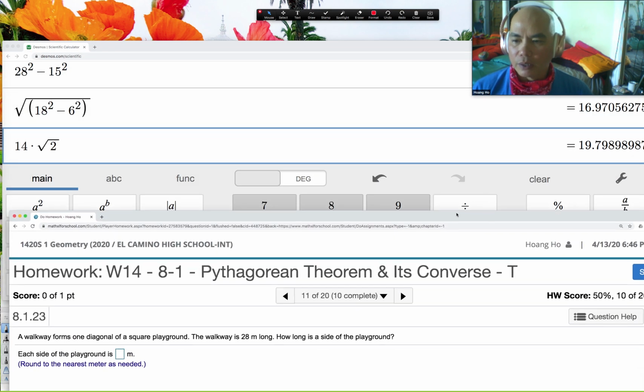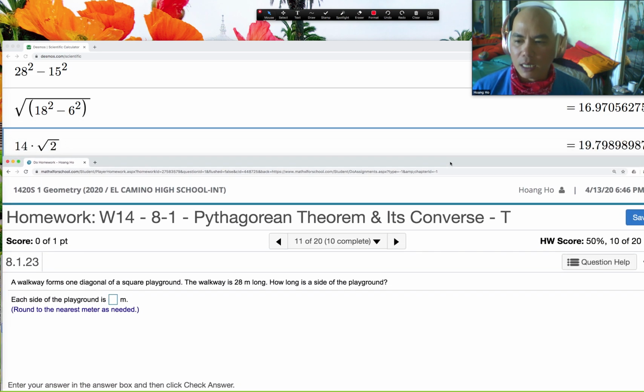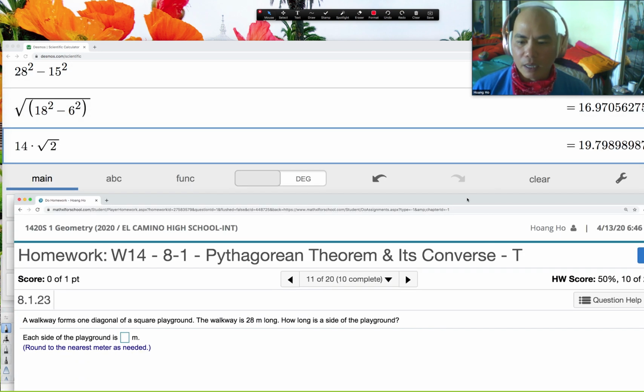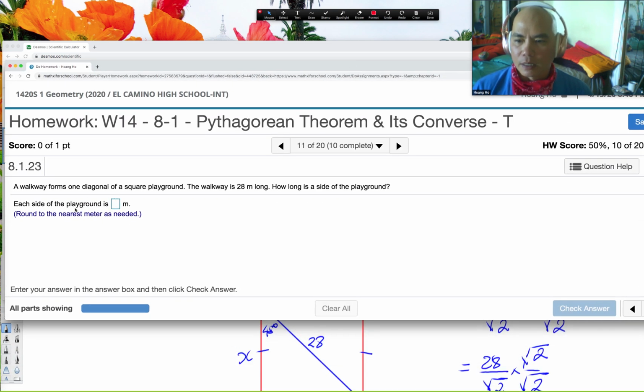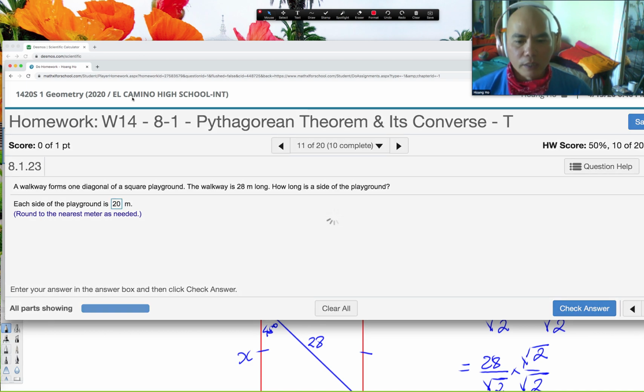What did I do? 14 times square root of 2. No, I got it. 28 divided by 2, that's 14. 14 times square root of 2. So they want the nearest meter, so no decimal. So I round up, the answer is 20. 20, perfect. So the walkway, which is the hypotenuse, is longer, 28 meters. The side of your square is shorter, only 20.